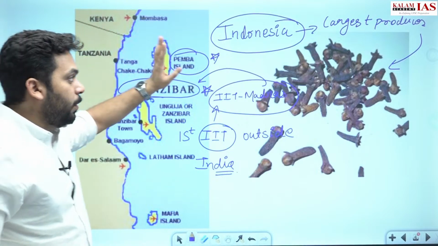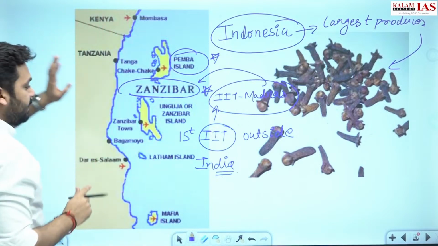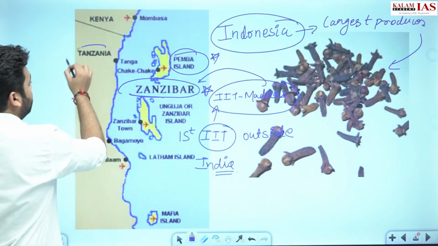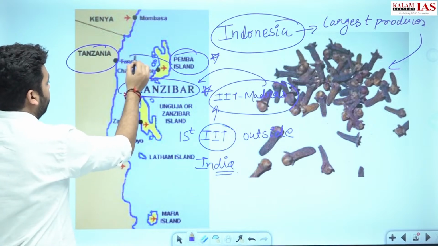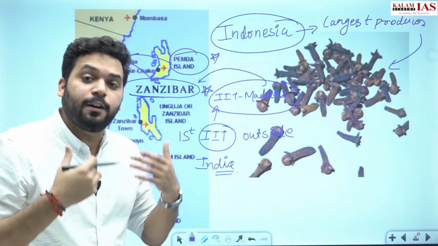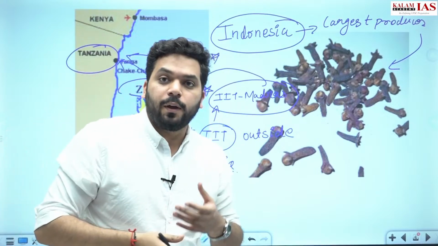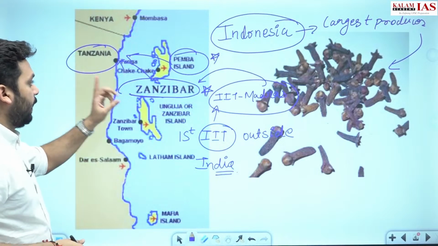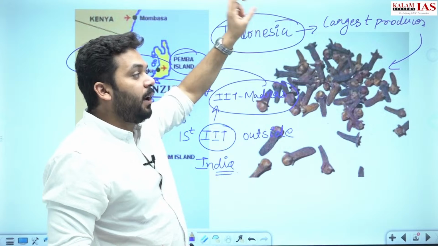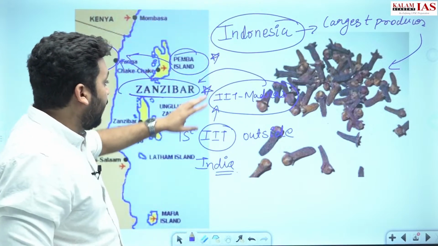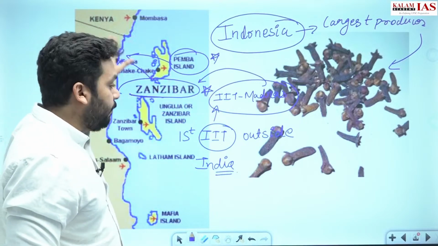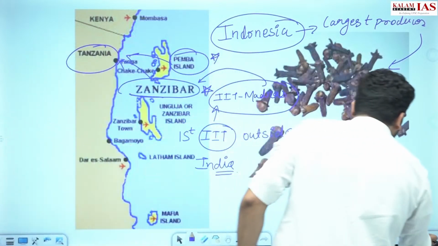So what we have to remember is that Zanzibar and Pemba islands of Tanzania are called the clove islands. They are significantly contributing to global clove production. Point number one. Point number two, the largest producer of cloves in the world is Indonesia. Point number three is that IIT Madras, the first IIT outside India, was opened in Zanzibar island of Tanzania. Okay, this is the fact which you have to remember.